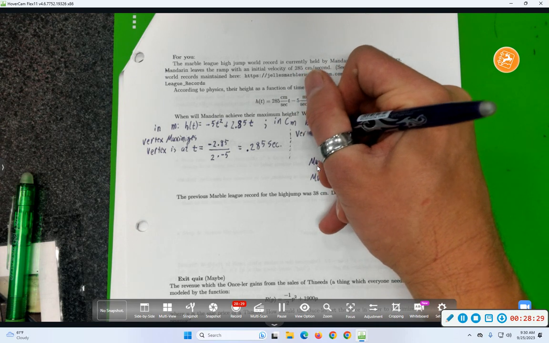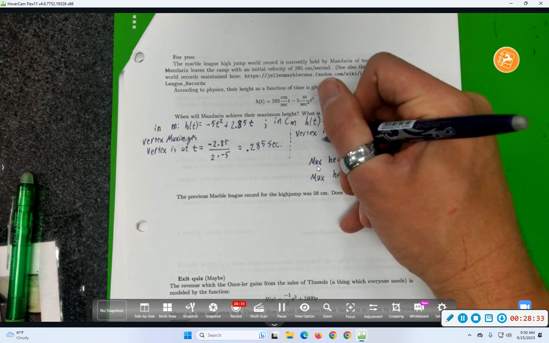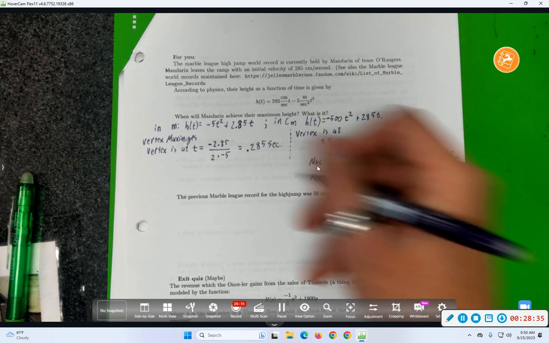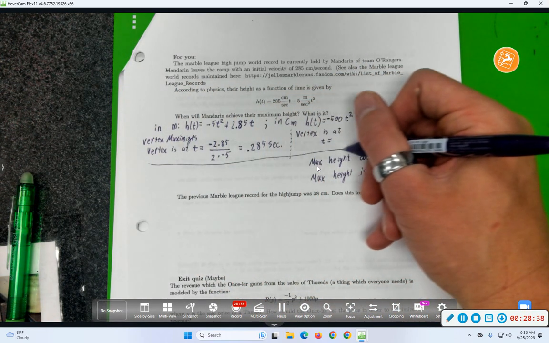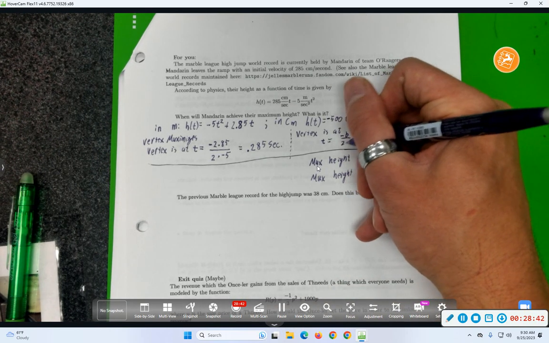The vertex is at t equals, let's see, it's -b over 2a.